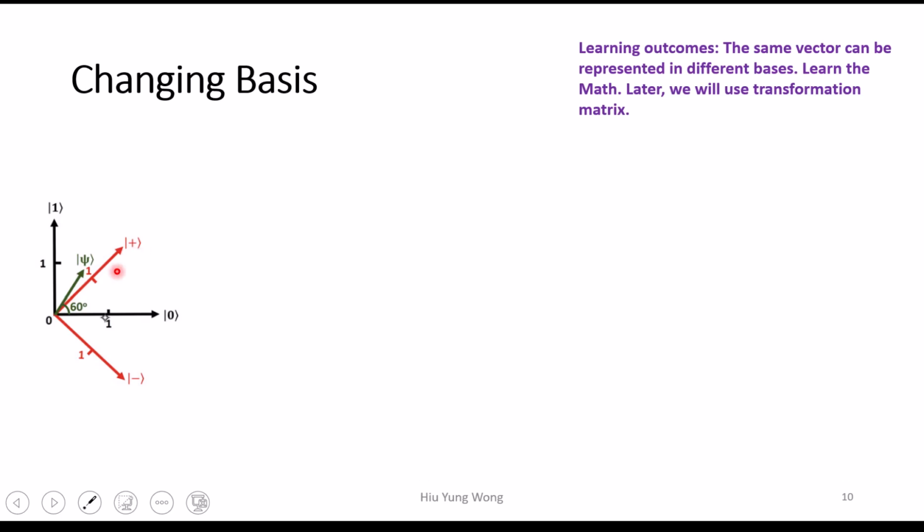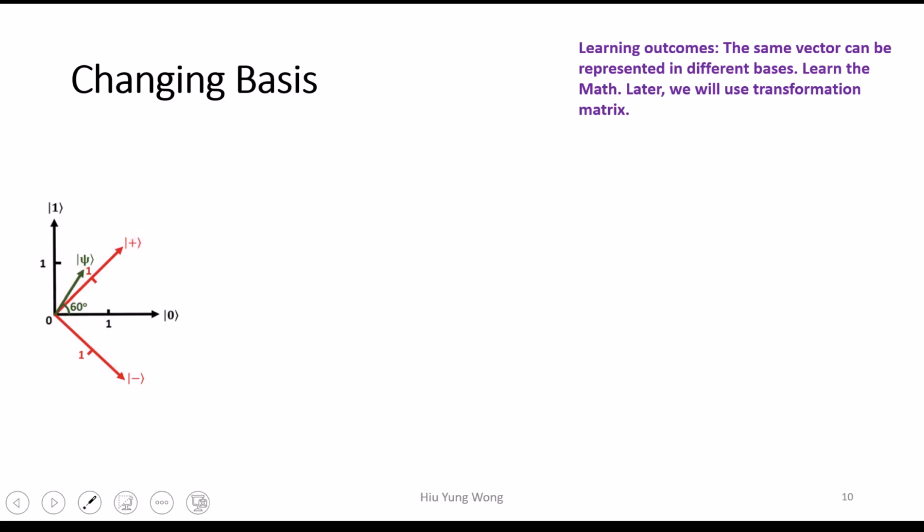And similarly, I also introduced another coordinate. I call this minus, this plus. It's basically just a rotation of this coordinate. And then I can also represent this vector in this, right?